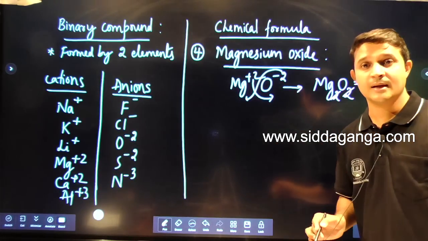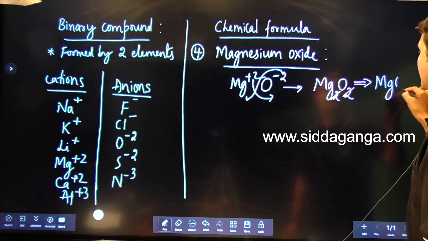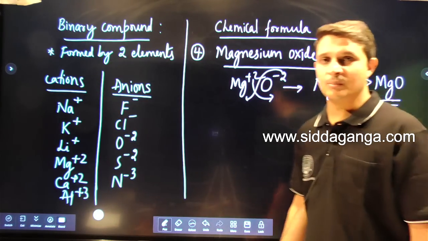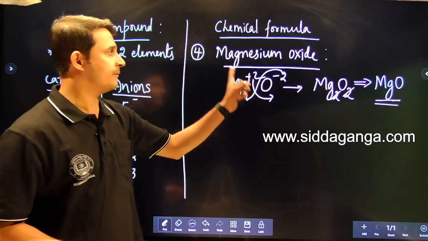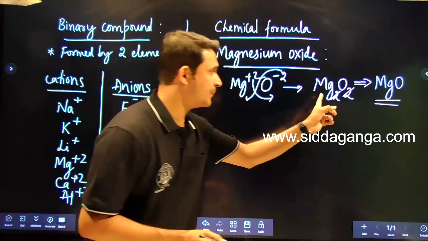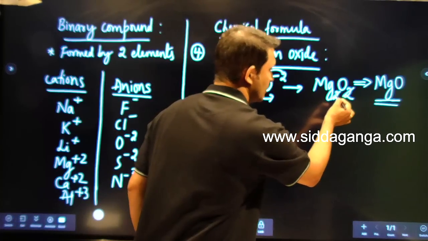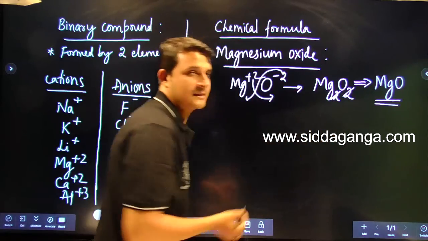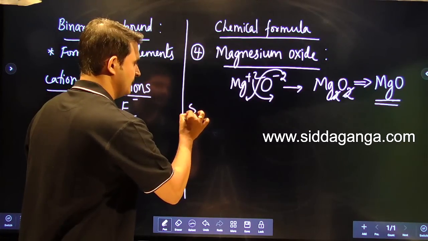Both numbers are same, so you can cancel them and write MgO, the formula of magnesium oxide. You need not represent Mg2O2.